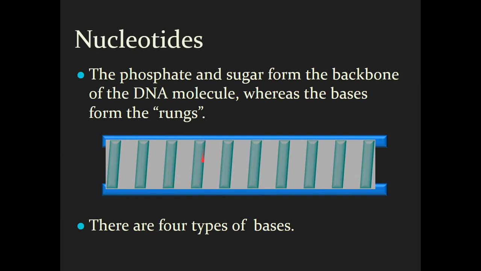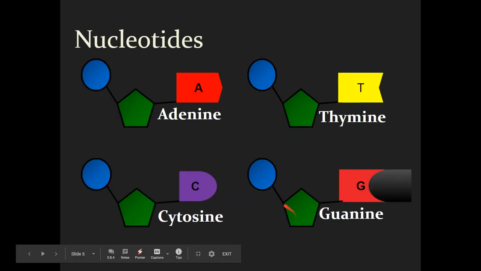Again, the nitrogenous bases form the rungs, and the phosphate group and the sugar form the backbone. There are four different types of bases: adenine and thymine, cytosine and guanine.